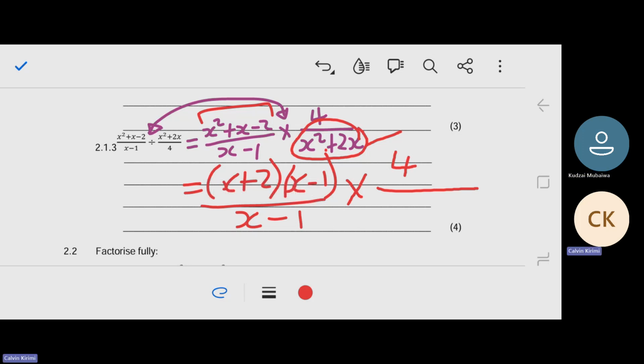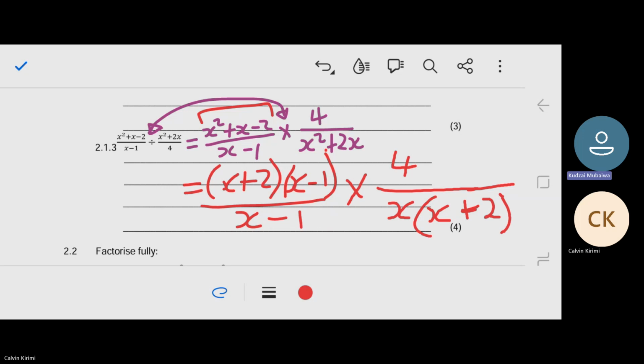So which means you can factorize. It's x bracket x plus 2.